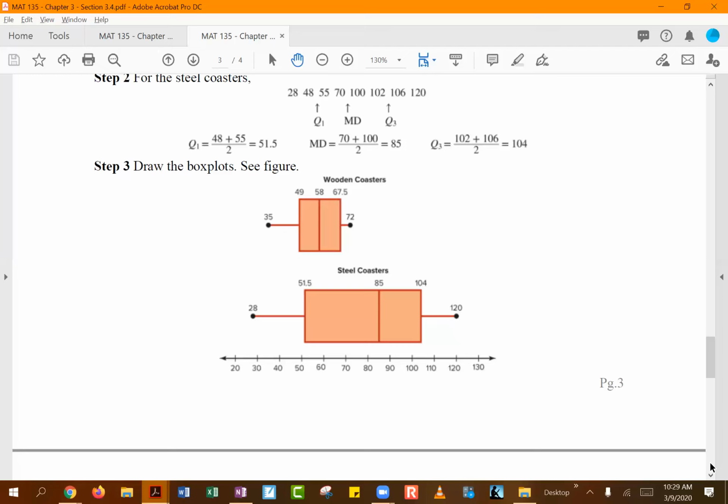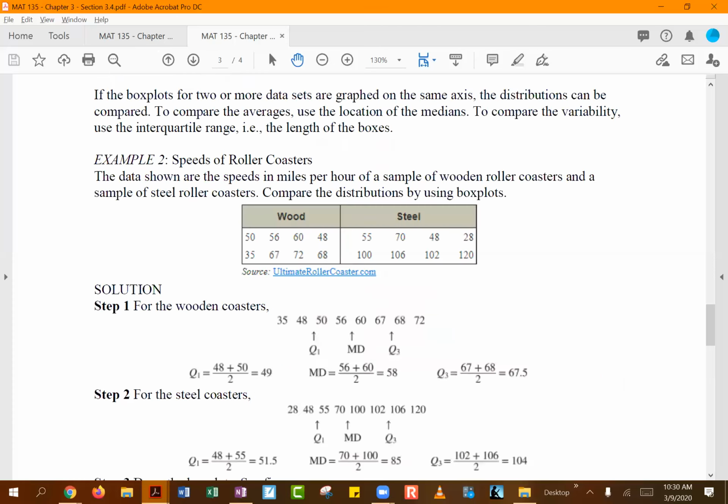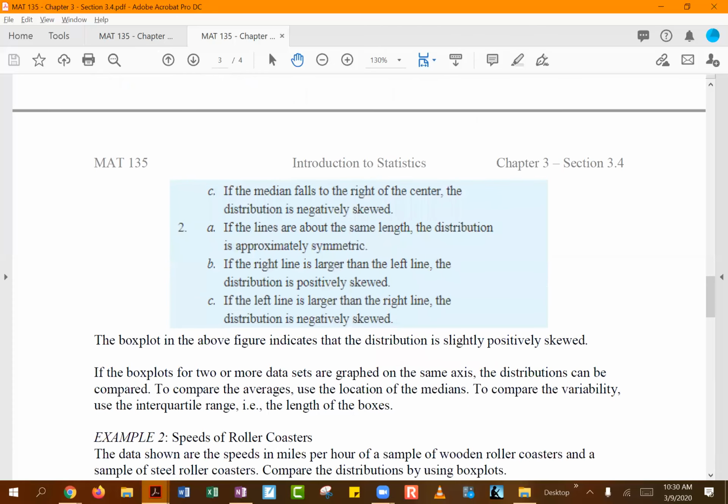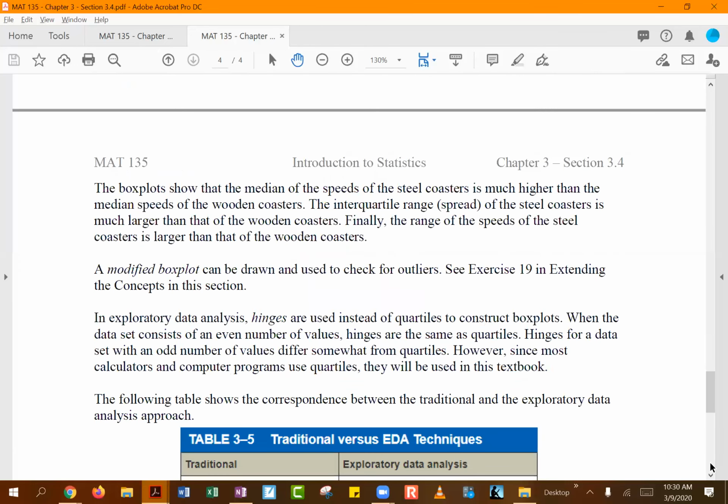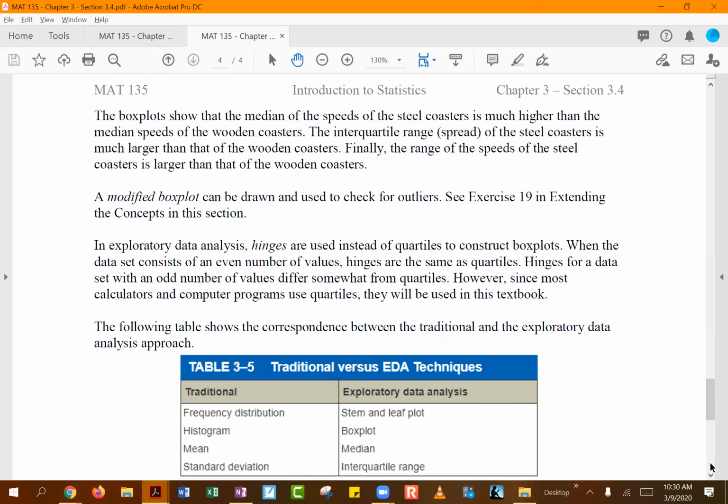Just for the reason that this line is significantly longer than this one, and then your median is not towards the center, right? It's actually more towards the right-hand side. So both line and the box are actually leaning towards it being negatively skewed, sorry.